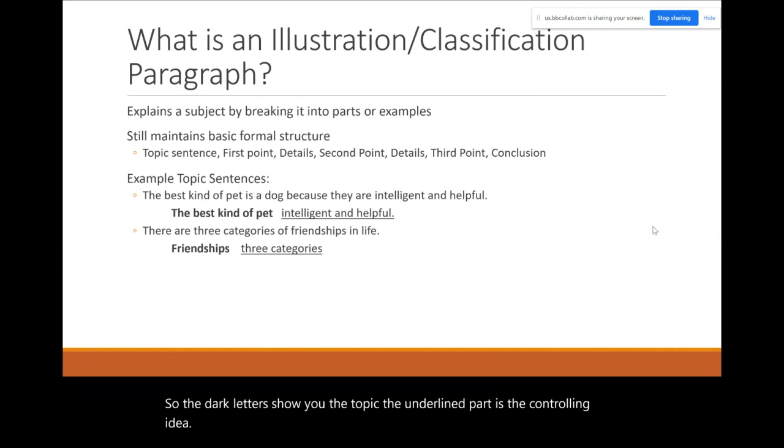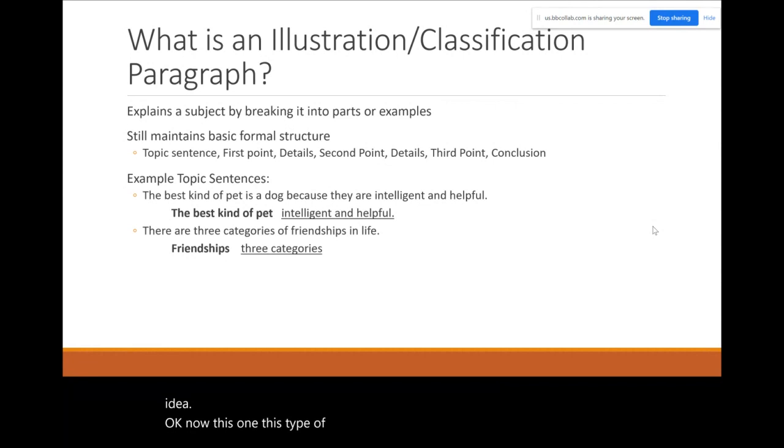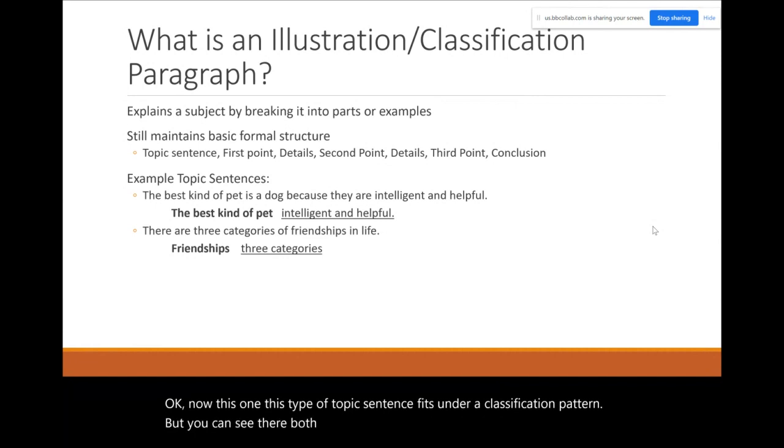Now this type of topic sentence fits under a classification pattern, but you can see they're both very similar. The pet sentence and the friendship sentence are very similar.